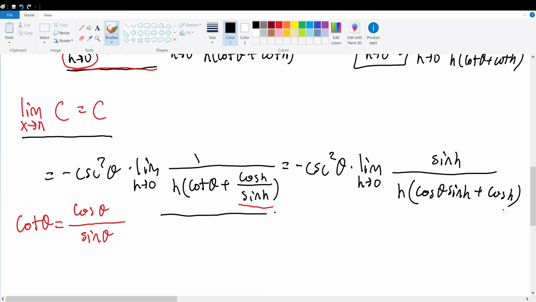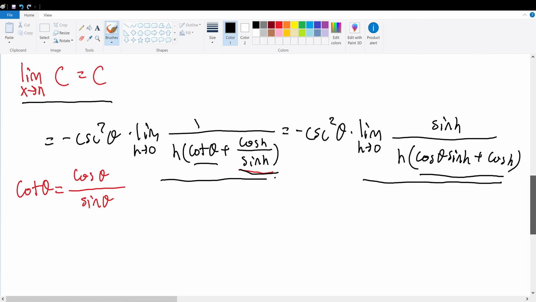And the reason why I can do this is because when I first combine cotangent theta and cosine of h divided by sine of h, I give it a common denominator of sine of h. So this denominator becomes cosine of theta times sine of h plus cosine of h, divided by sine of h. And since it's h times this entire quantity, we can move the denominator sine of h into the numerator, obtaining this limit as such. You can check my arithmetic later on.